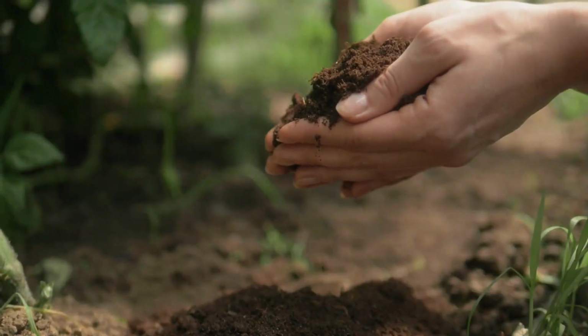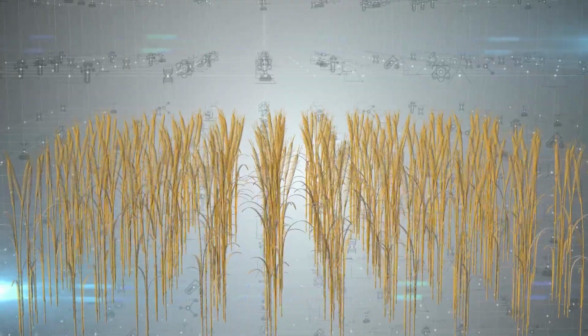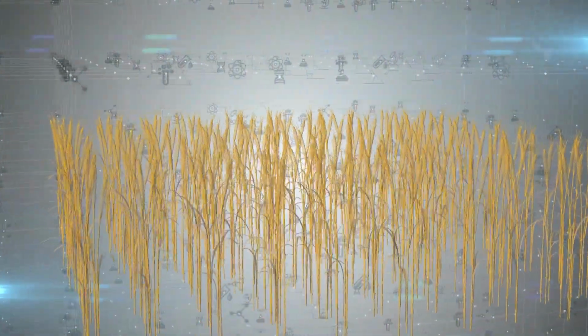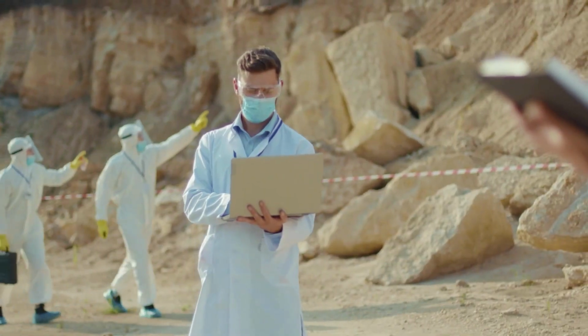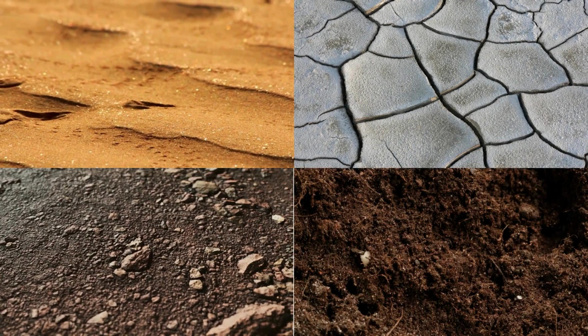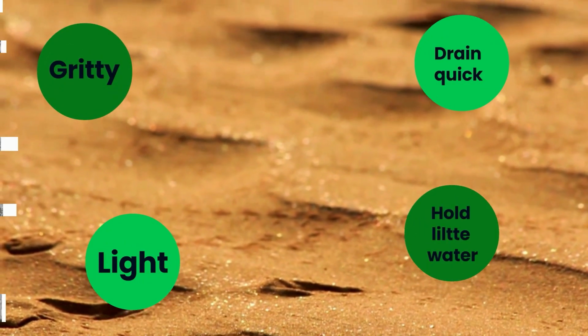Soils can be very different, from how they feel, to how they drain, to how many nutrients they hold, and even how acidic or alkaline they are. Today, we're going to take a look at some of the most common soil types: sandy, clay, silty, and loamy soils. Sandy soil appears light and feels gritty. It drains quickly and holds little water or nutrients.